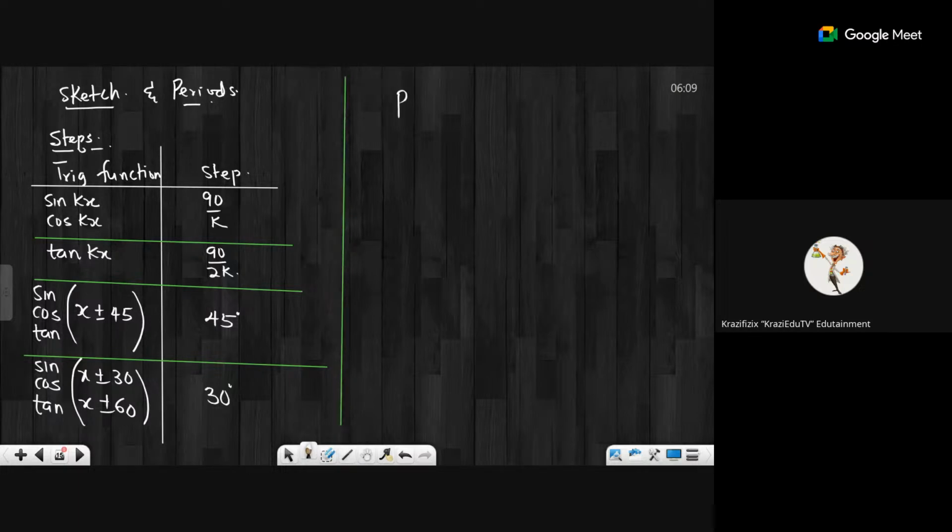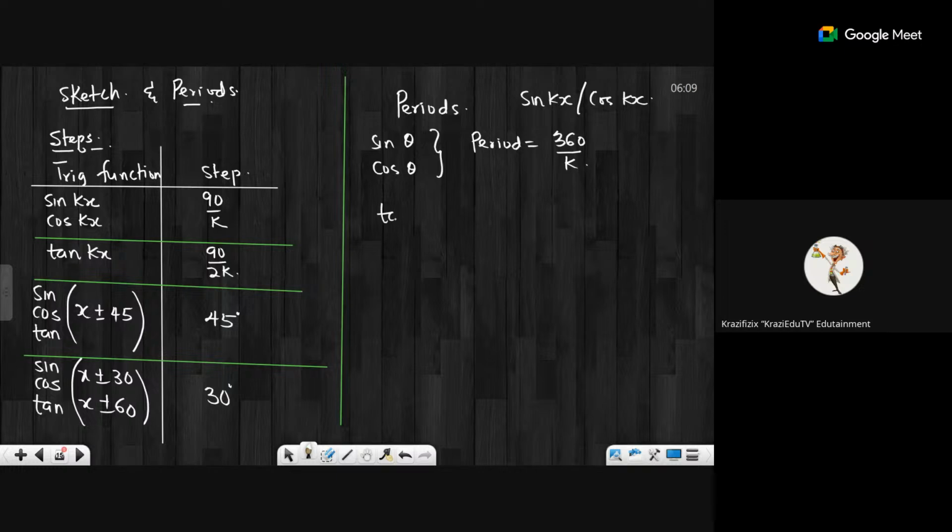What about periods on the graph? Right. Period, let's do this. For sine theta, cos theta, our general period is 360 over k, where I am using sine kx or cos kx.